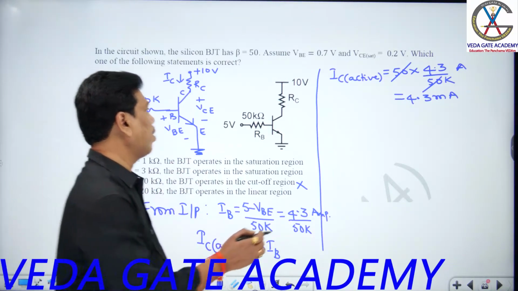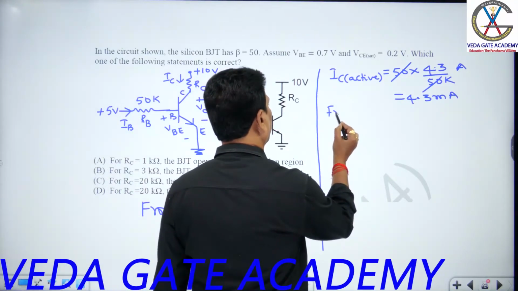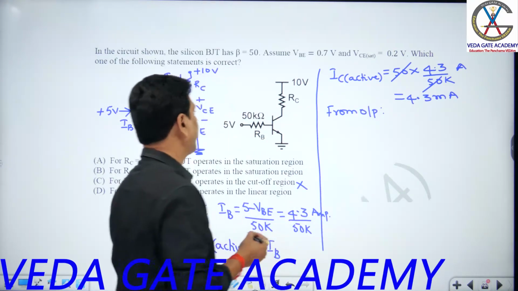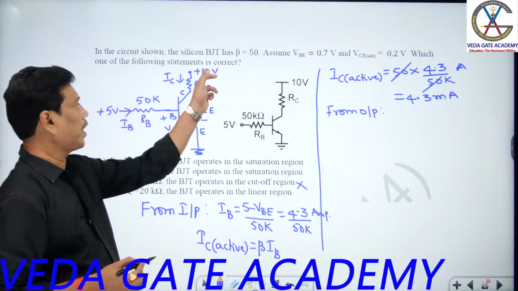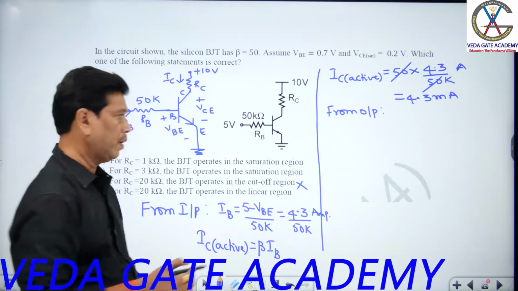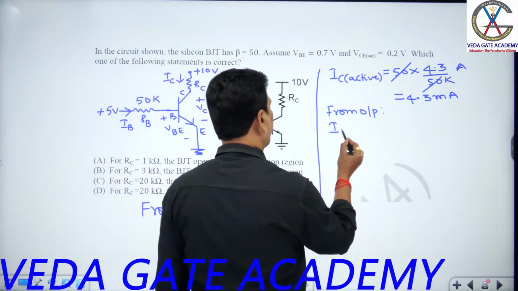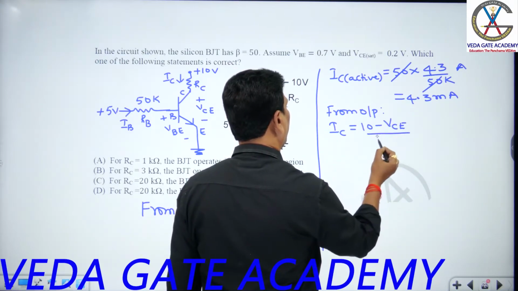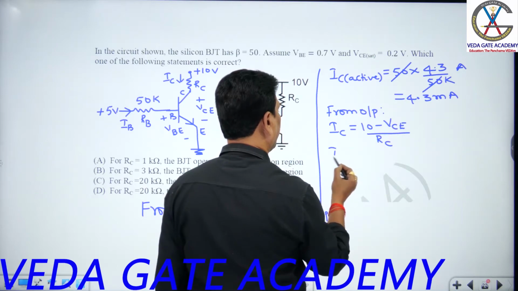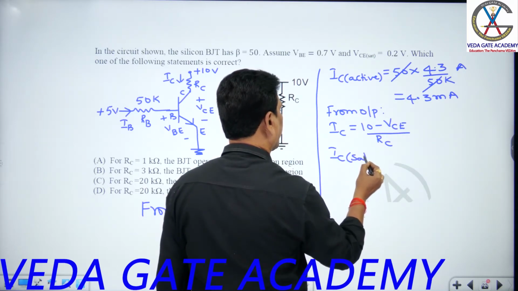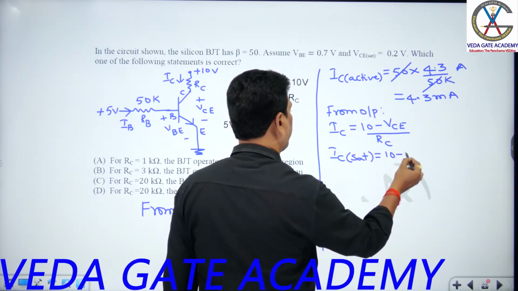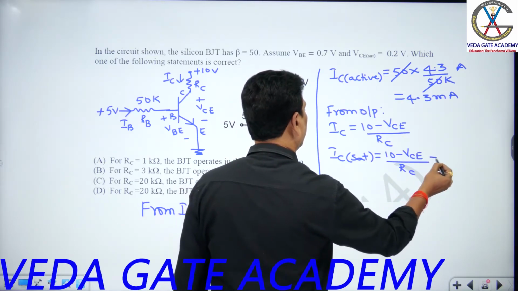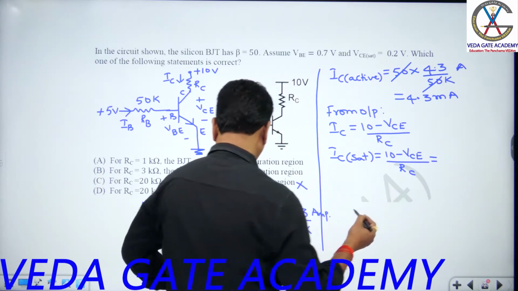Now I can go for the output bias, students. Here IC equals (10 minus VC) by RC. IC saturation is 10 minus VC saturation by RC, students.